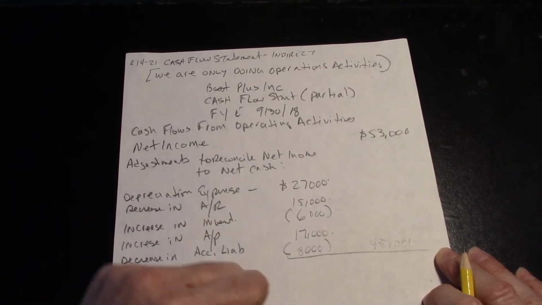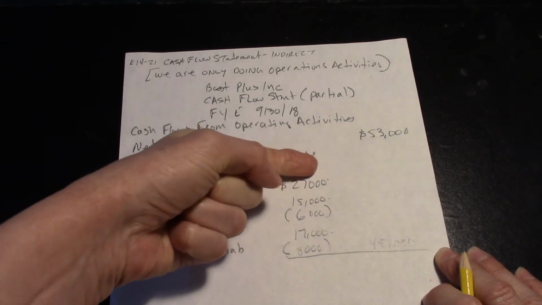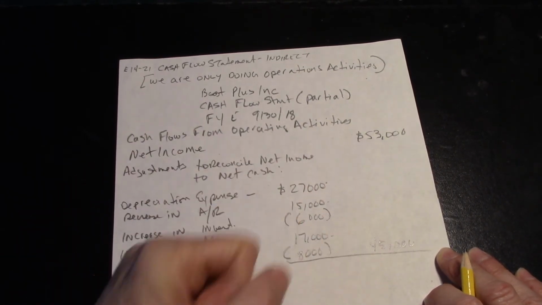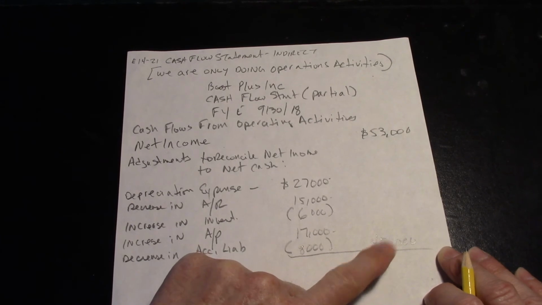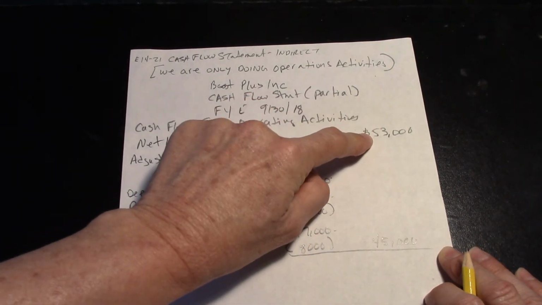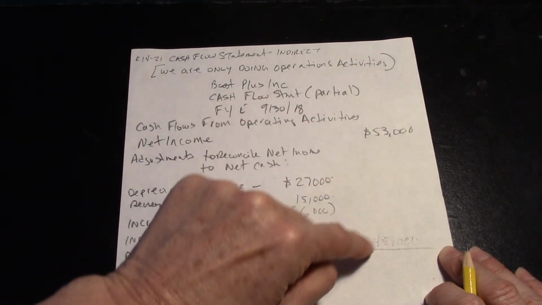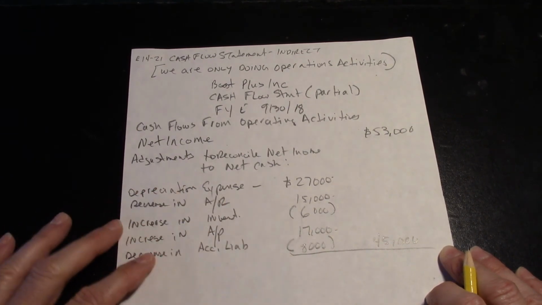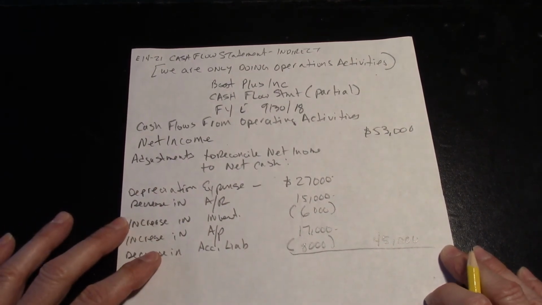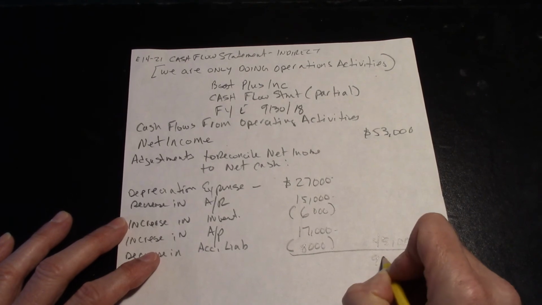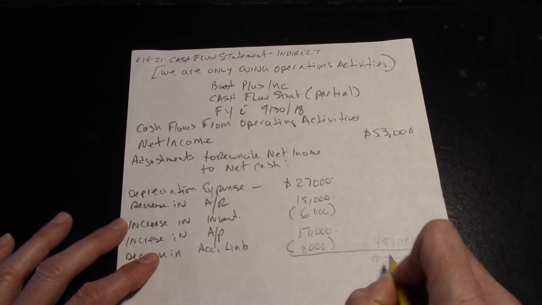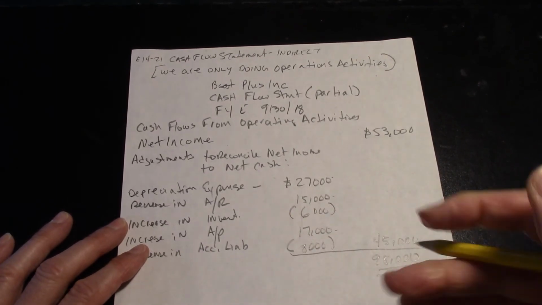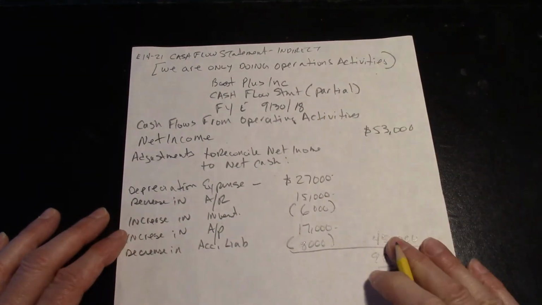And we're going to add that, because these net out to be 45,000. So net income of 53,000 plus 45,000 is equal to $98,000. And that is what we call net cash provided by operating activities.